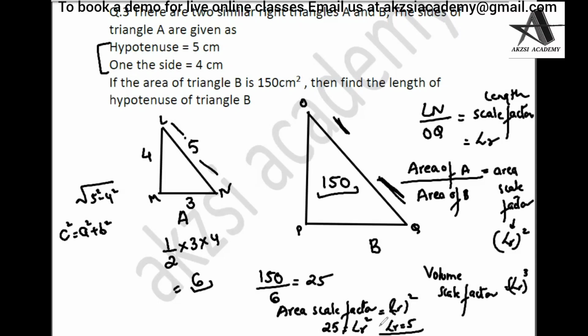We have length scale factor as 5. That means OQ is 5 times LN. So OQ by LN is equal to 5, you can divide in any way. So OQ is equal to 5 times LN, that is 25 centimeters. So OQ, the length of the hypotenuse of triangle B, is 25 centimeters.